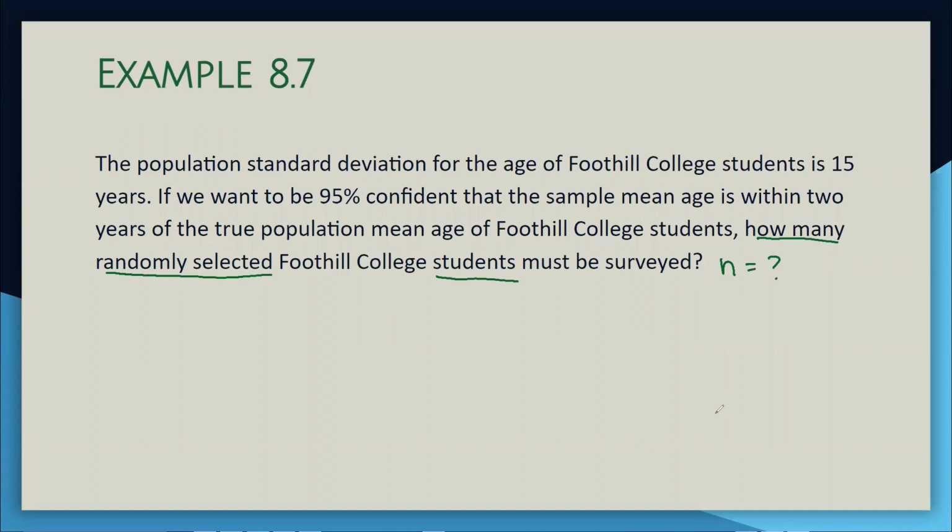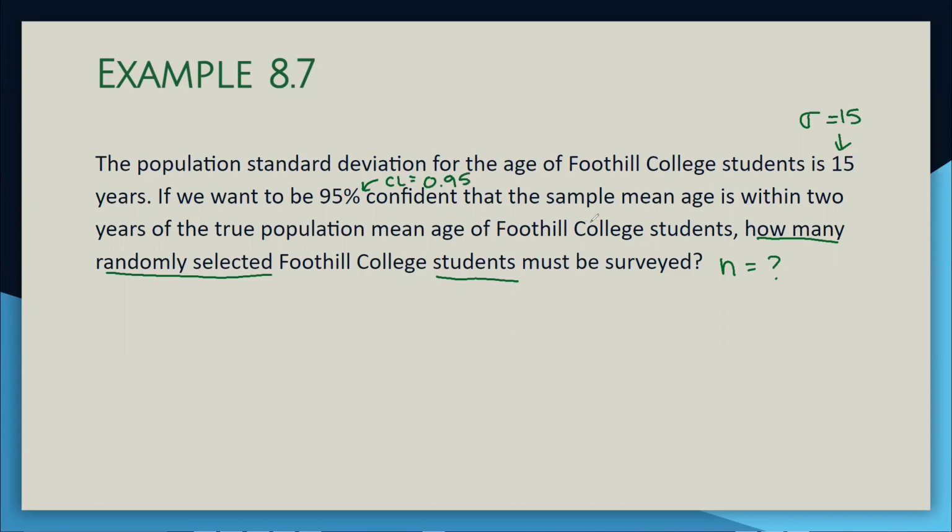Looking through it again, I'm going to start picking off those numbers. So population standard deviation is 15 years. So they've just given me sigma. And then it says we want to be 95% confident. So our confidence level is 0.95.